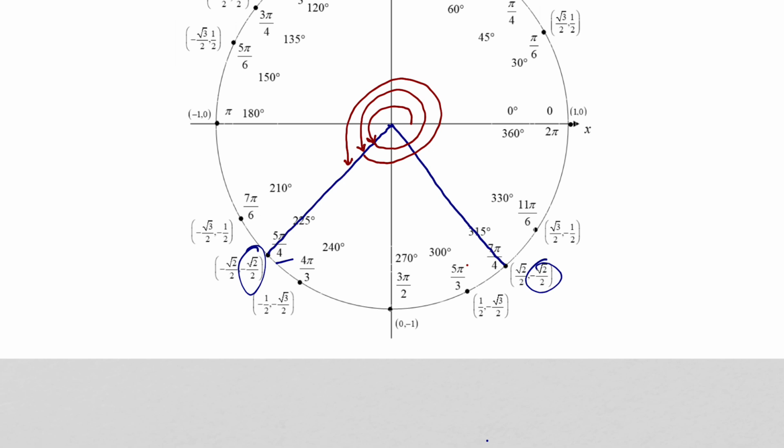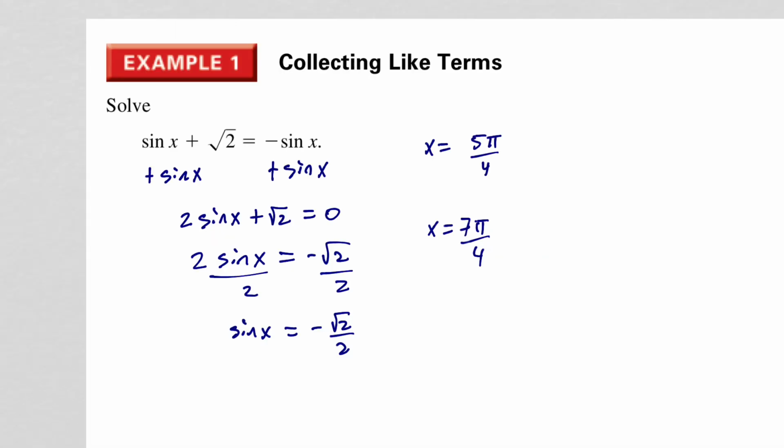So that's a full 2 pi. So I'm going to say generally the solution is 5 pi over 4 plus any multiple of 2 pi, any positive or negative integer multiple. So n is a member of the integers, and that Z just stands for the set of integers, right?